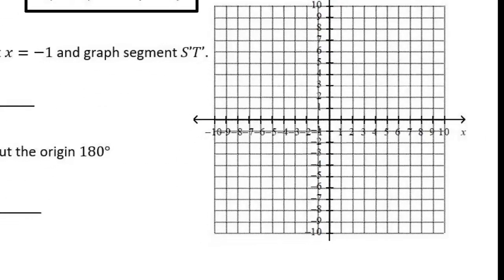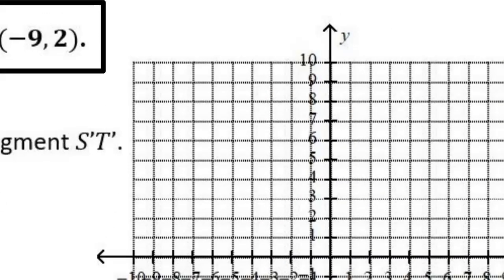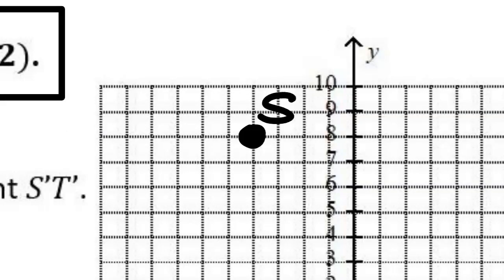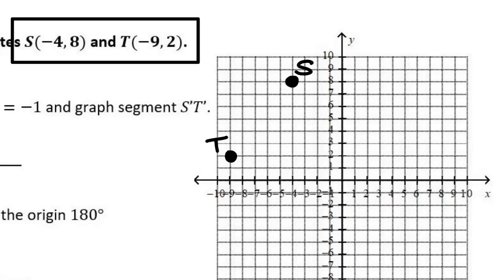So -4, 8. Right here is my point S. -9, +2 would be right here. So there's my point T. And then we're going to connect those points, making our line segment ST.